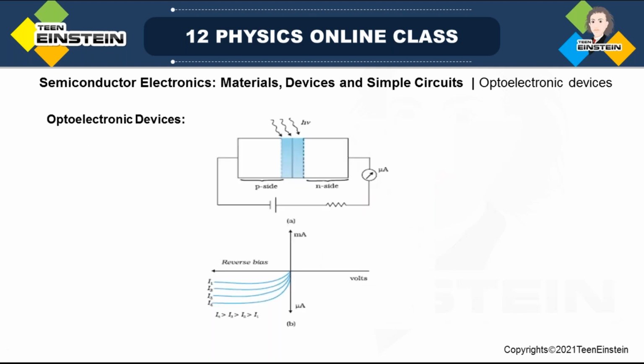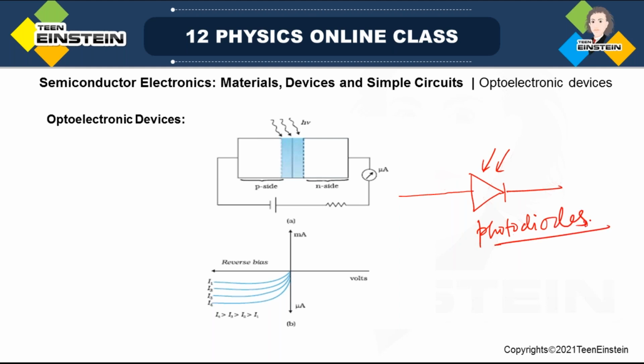Here the photodiode has a circuit symbol like this. This is the diode, and if you draw some arrows, it means photodiode, not only a diode.